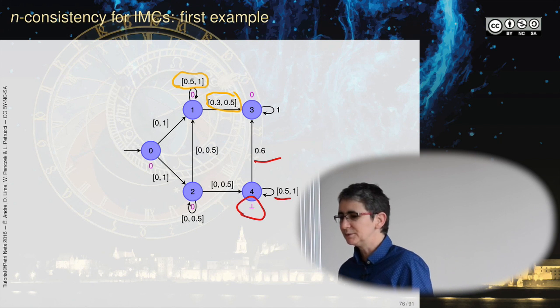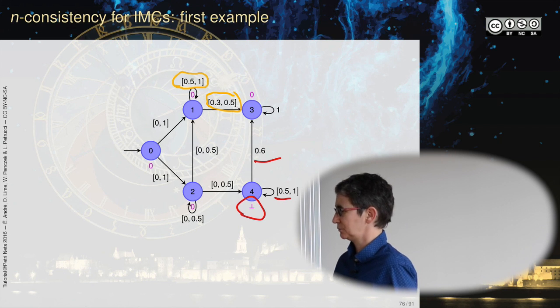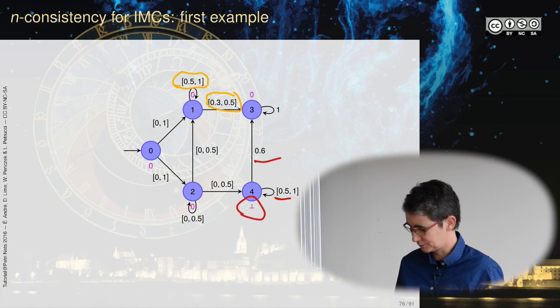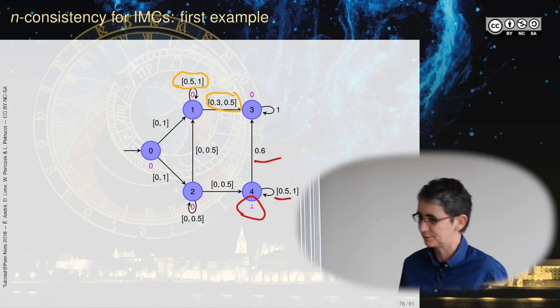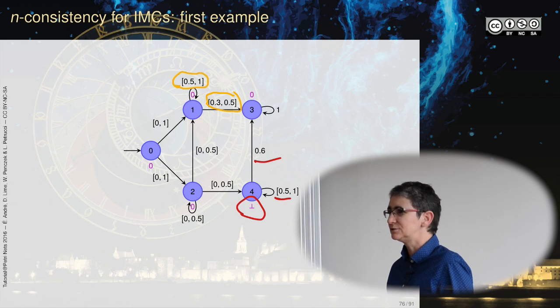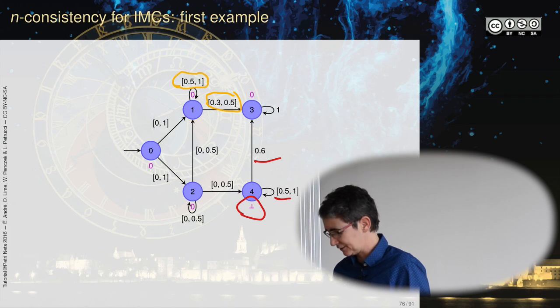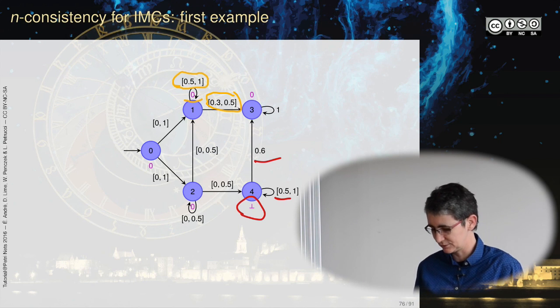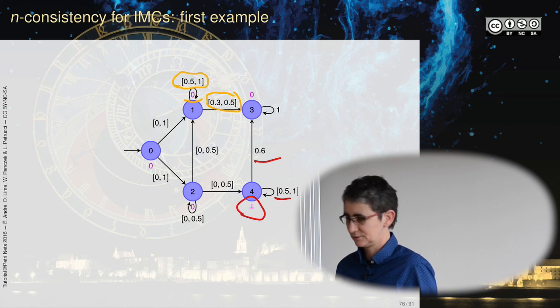So the minimum, the sum of lower bounds, will be 0.5 plus 0.3, so 0.8, it's smaller than 1. And the upper bound is 1 plus 0.5, so something bigger than 1. So we can find values in these two intervals so that the sum of them is 1, and therefore state 1 is zero consistent. And we can check the same for all states.